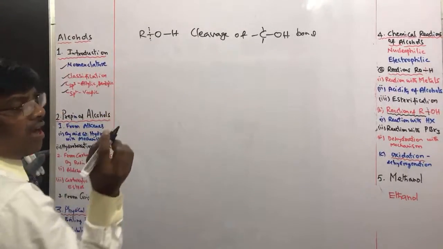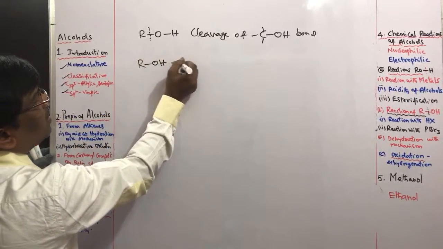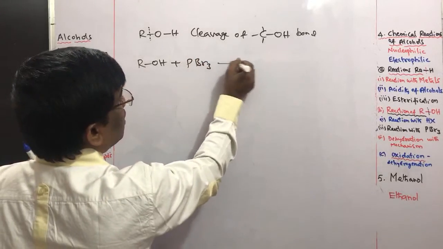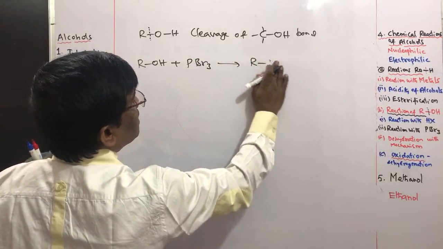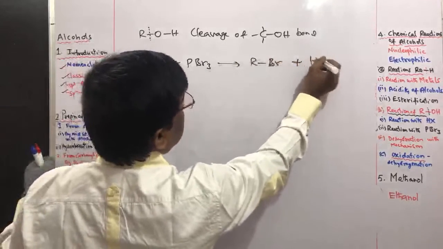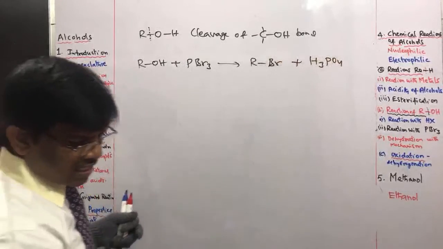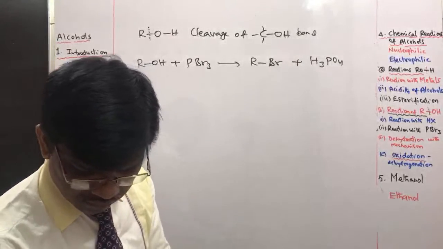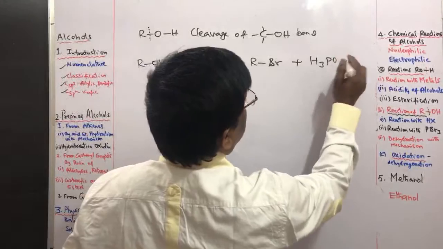Just as in alkyl halides we have learned that alcohols reacting with PBr3 or PX3 are going to form alkyl halides. So in this case, bromide plus H3PO3. Yes, friends. So the balanced equation, if I want, H3PO3.